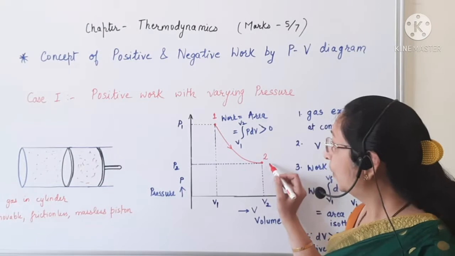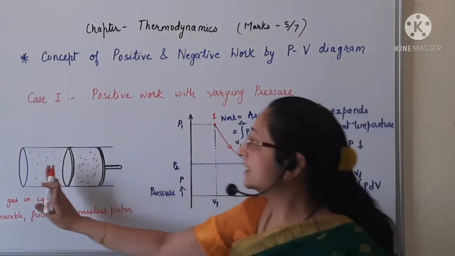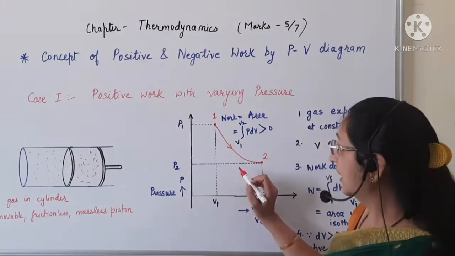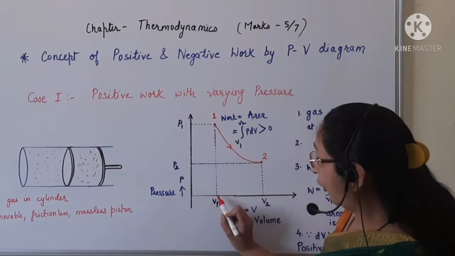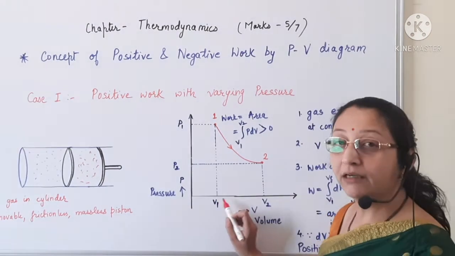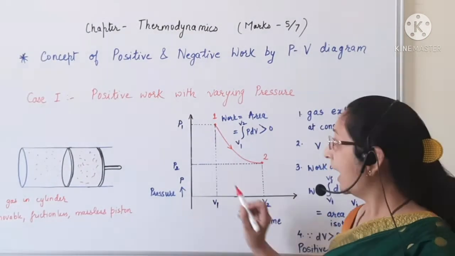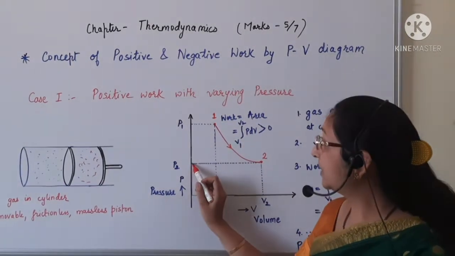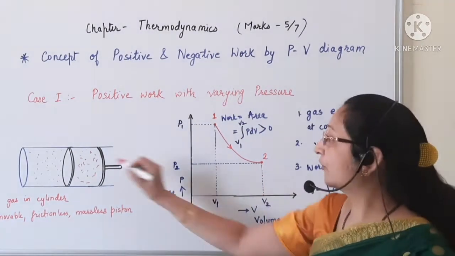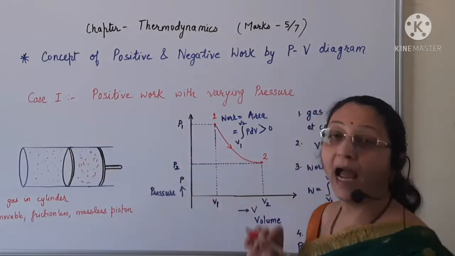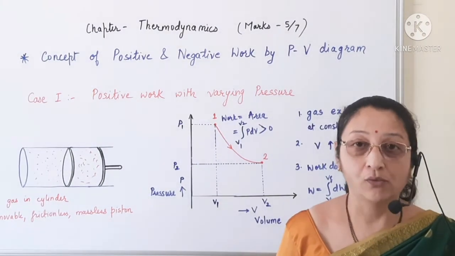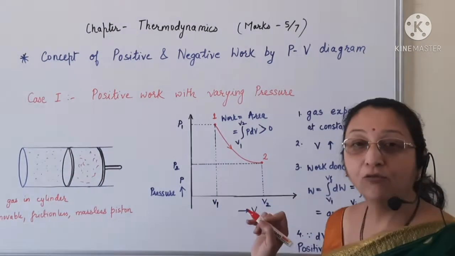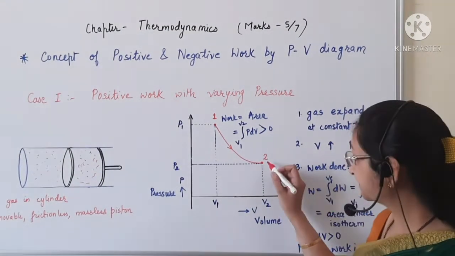At point 2, since there is an increase in volume of the gas, there is a decrease in pressure of the gas. So, the volume which was V1 now increases to volume V2 and the pressure which was P1 decreases to pressure P2, and the system of gas now comes to point 2 where P2, V2 is the pressure and volume of the system now.